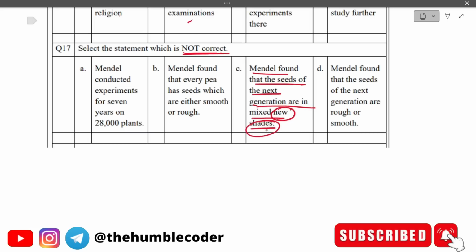He never said that, right? He told that seeds will have only one color, either green or yellow. And at one point he also told that there will be more yellow that we will be able to see, okay, in future. But the correct answer is option C. Basically, he never said that there will be mixed shades, okay. Instead, he said the other thing, that there will be no mixed shades, okay. So the correct answer in this case is option number C.